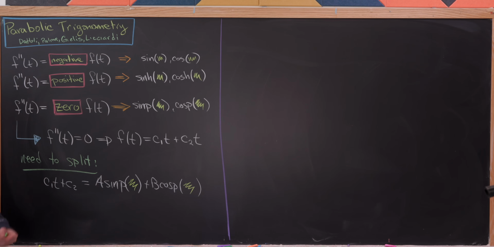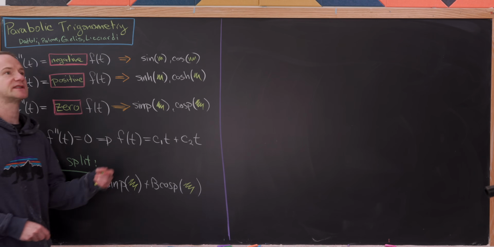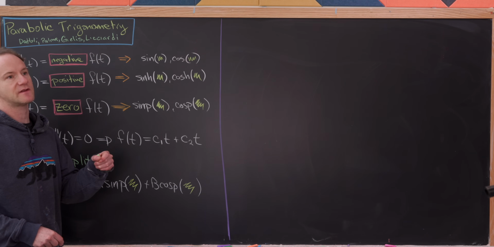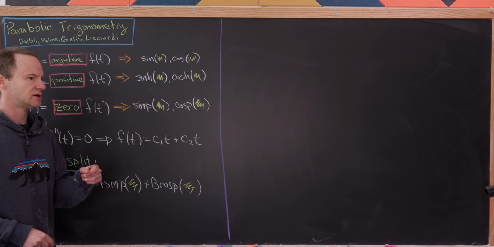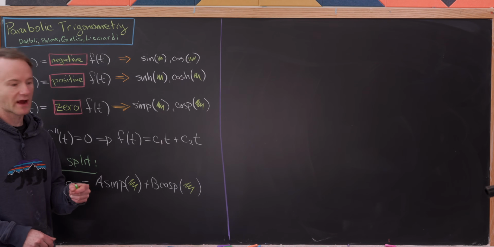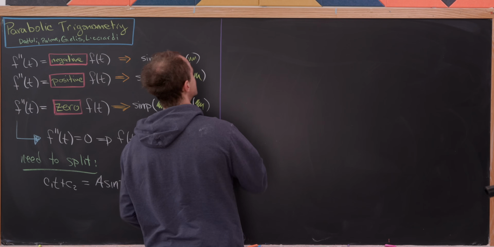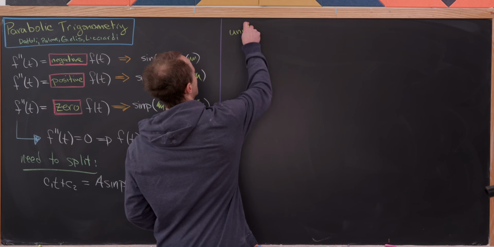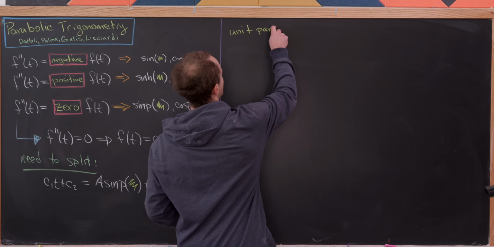Maybe another way of thinking about sine and hyperbolic sine and cosine and hyperbolic cosine is as parameterizations of the unit circle and the unit hyperbola. So perhaps we need something like the unit parabola. Let's introduce that over here. I'll call this the unit parabola.